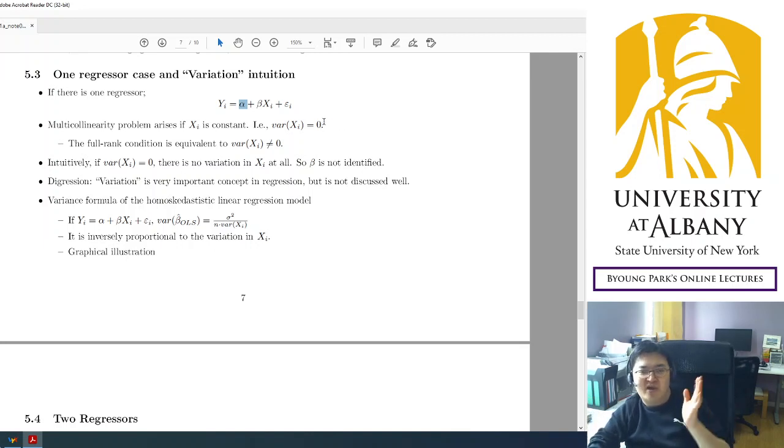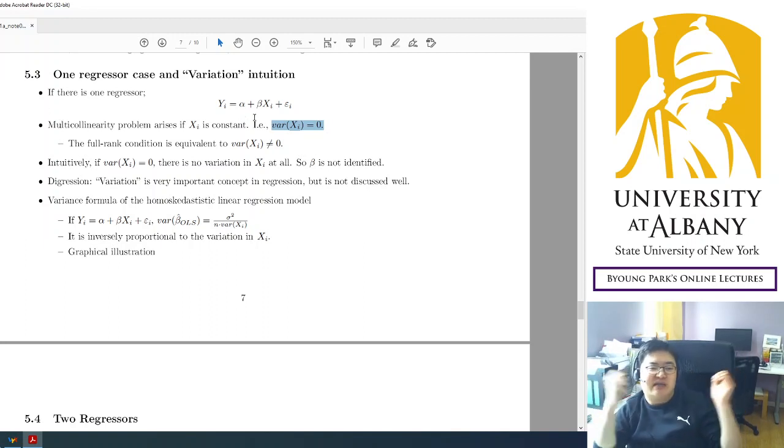But anyhow, you know what I'm saying. So in this case, the problem arises when the variance of the variable equals 0. When there is only one variable with one intercept, the multicollinearity problem just comes down to whether the variance equals 0 or not. Then the full rank condition is equivalent to the condition that the variance is non-zero.